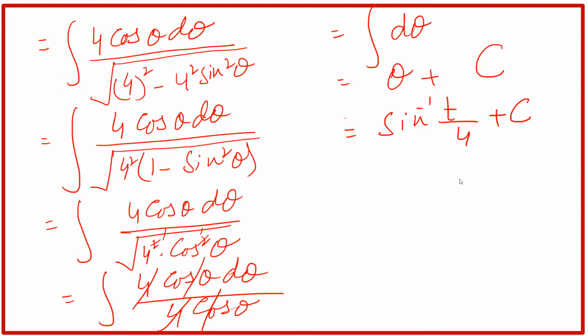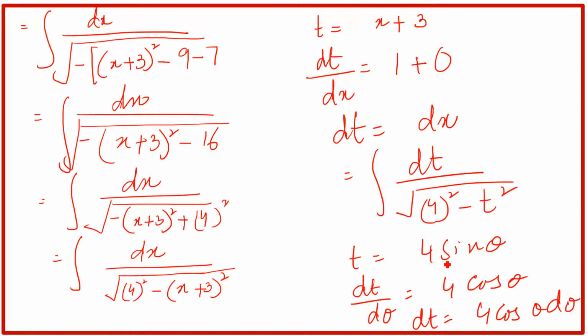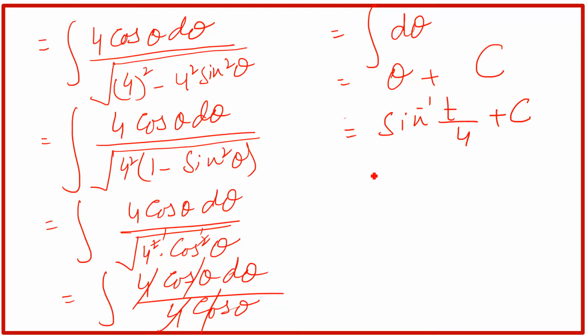I told you we substitute 2 times, so at the end we have to substitute 2 values. First, from here we got theta is equal to sine inverse of t over 4, but the value of t is x plus 3. So again we have to substitute the value of t: sine inverse of x plus 3 over 4, plus c, and this is the answer.